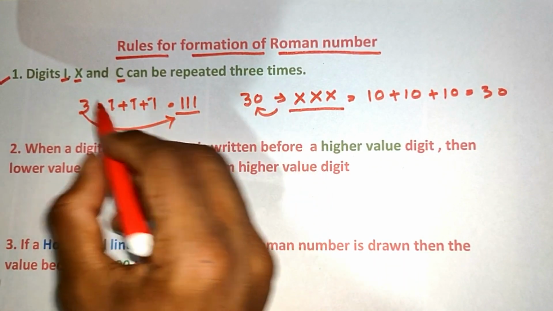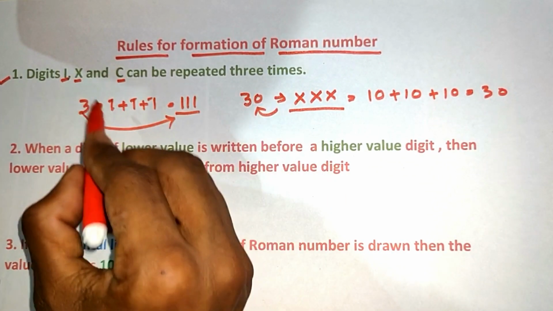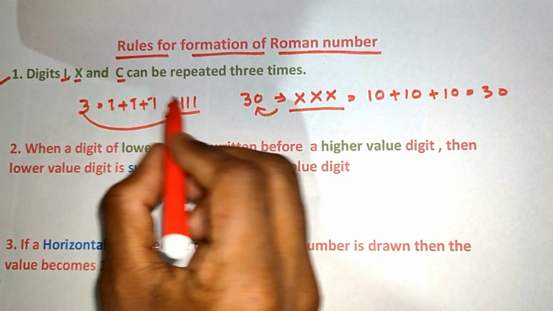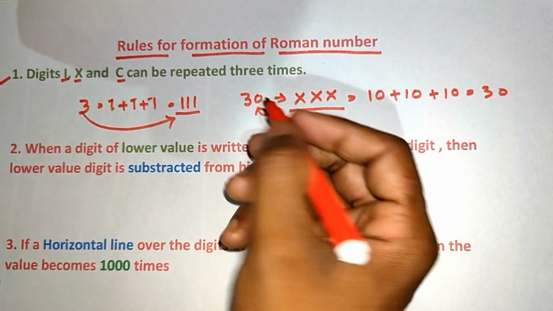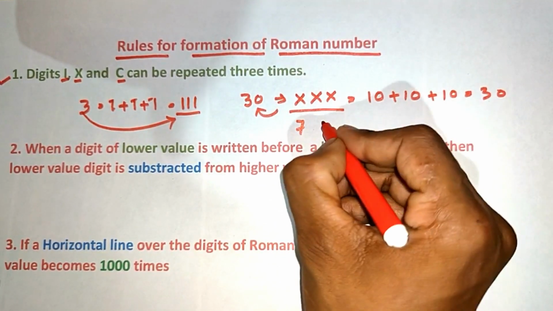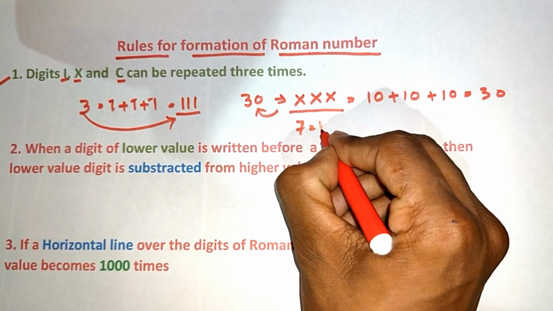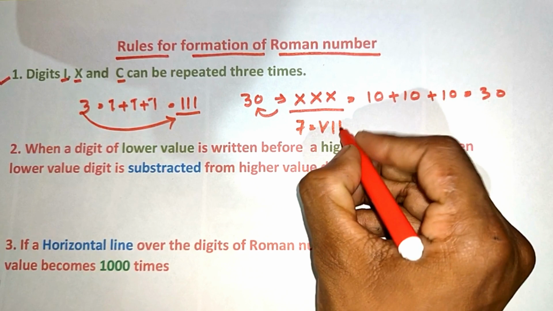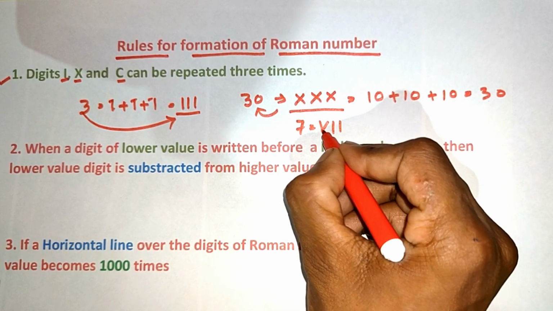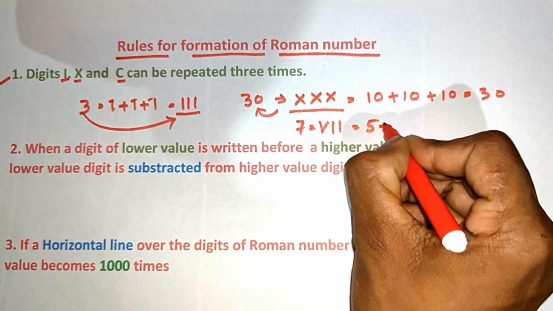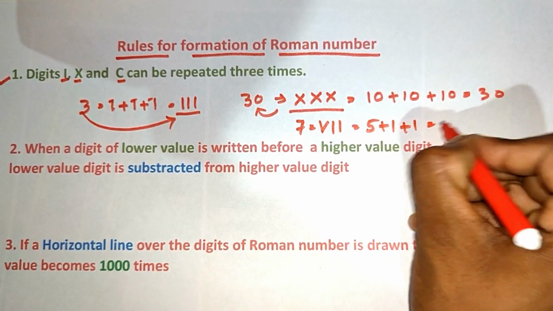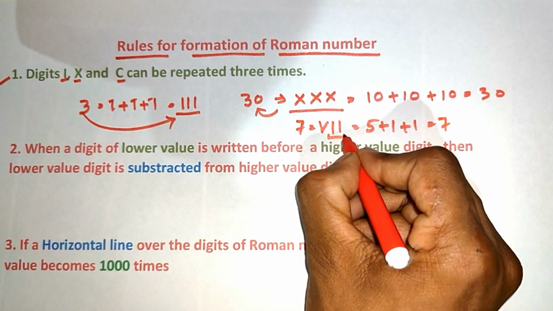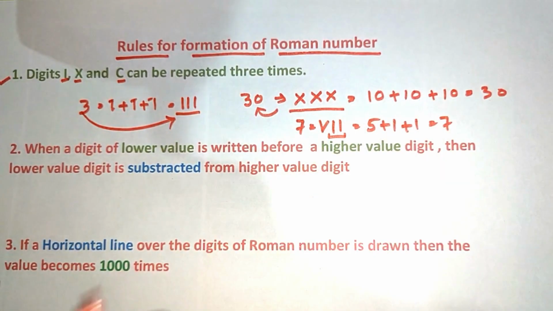So this is how we can represent a number by I, X, C by writing it 3 times or 2 times. Suppose I am writing here 7. To represent 7, I can write V because V represents 5, and 2 I's. 5 plus 1 plus 1, it will be 7. So this is how we can write I twice.